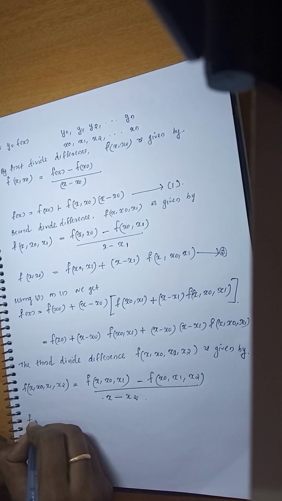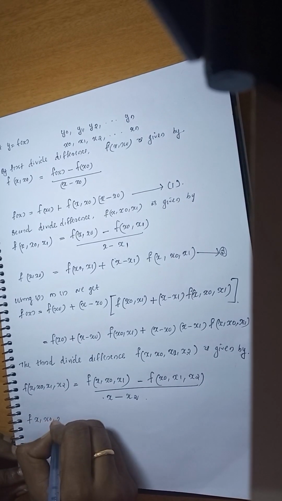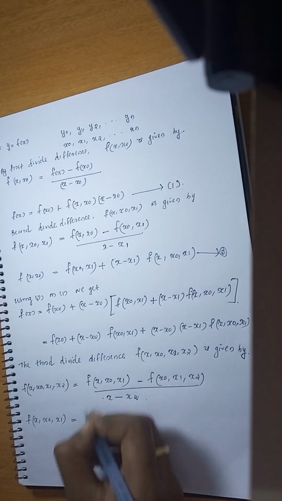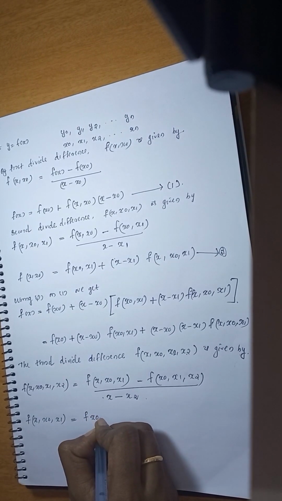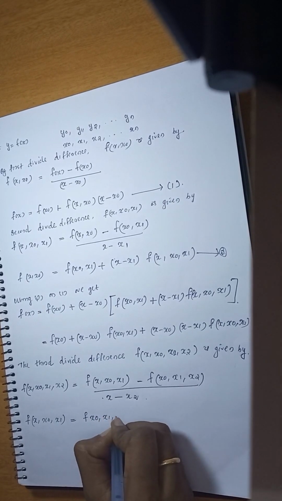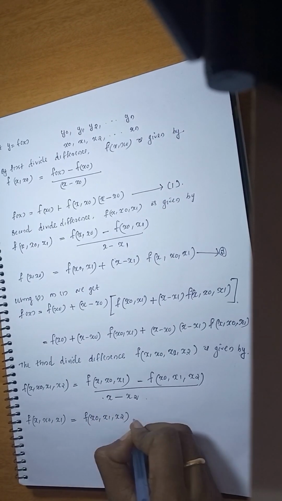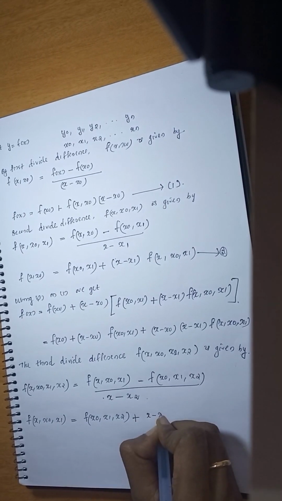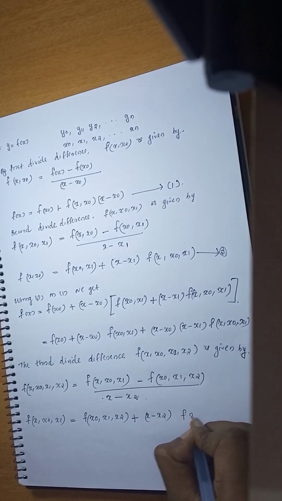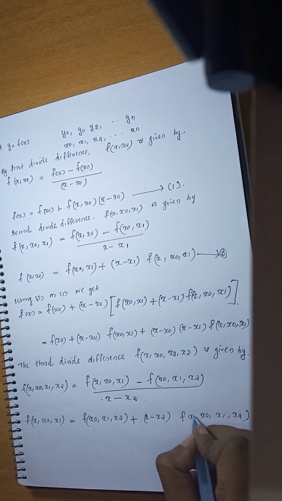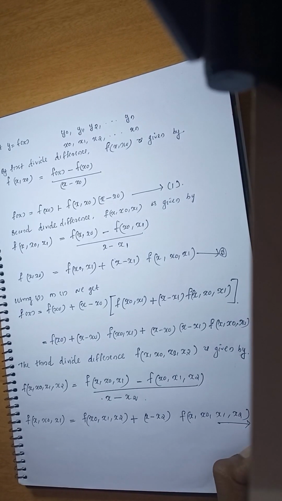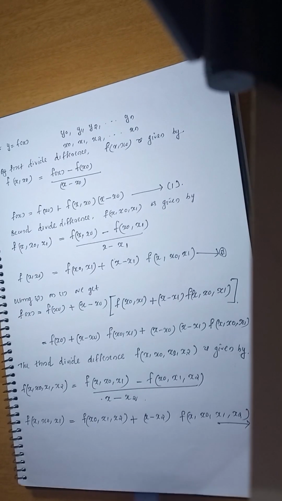From this, f of x comma x0 comma x1 is equal to f of x0 comma x1 comma x2 plus x minus x2 into f of x comma x0 comma x1 comma x2. This is our equation number 4.